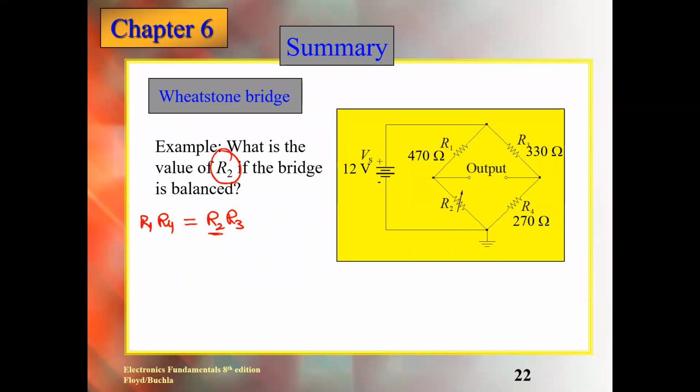Now what is unknown? R2. So for R2, we can rewrite the equation. R2 is equal to R1 R4 over R3. So put the values now: 470, 270 over R3, 330. Calculate it and get the value of R2.